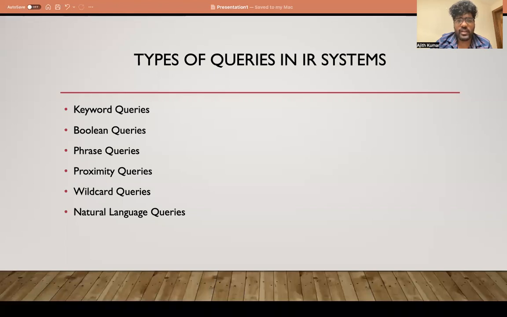Coming to the types of queries in IR systems, we use keyword queries, Boolean queries, phrase queries, proximity queries, wildcard queries, and natural language queries.